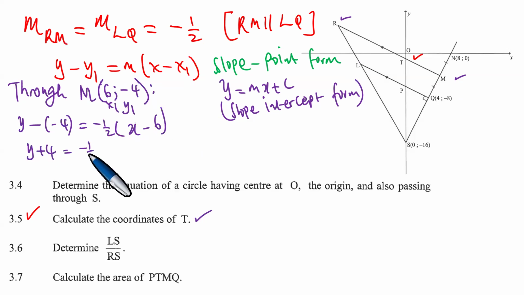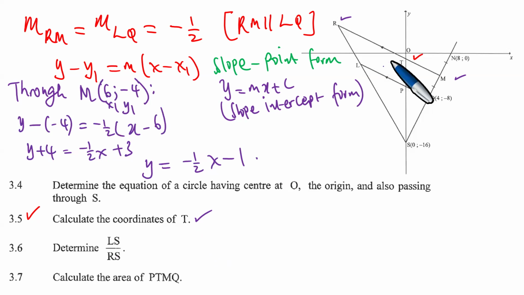So y plus 4 is minus 1/2 x plus 3. This is exactly y equals minus 1/2 x minus 1. So this is the equation.